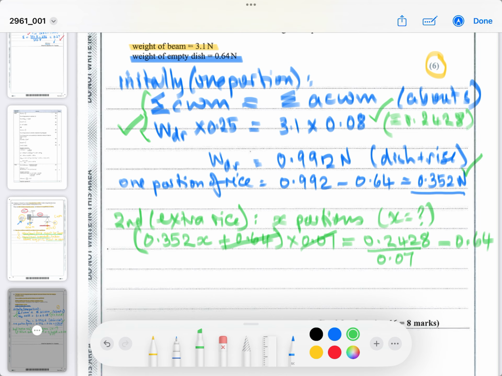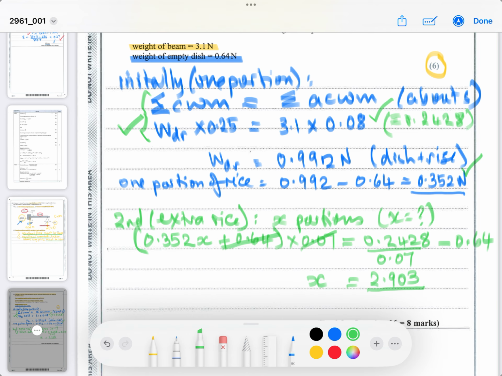And I've worked it out. So therefore x will be whatever that equals, which is 2.903. I'm just trying to keep it accurate in case I lose a mark for being too far from the final answer.